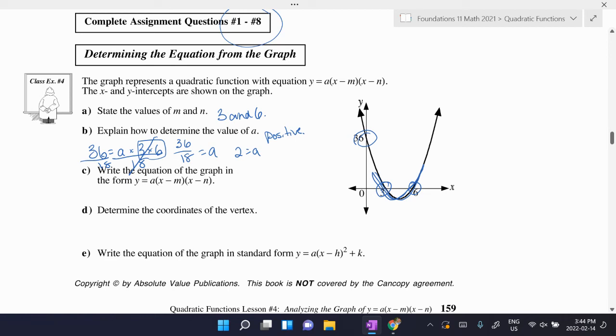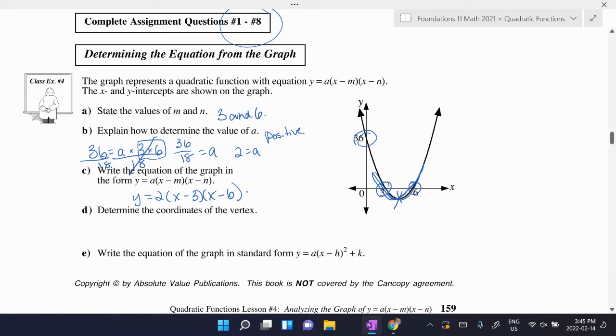Okay. Write the equation of the graph. Y equals a is 2, x minus 3 times x minus 6. What are the coordinates of the vertex? Well, we can tell what the x value of that's going to be just from what we know.